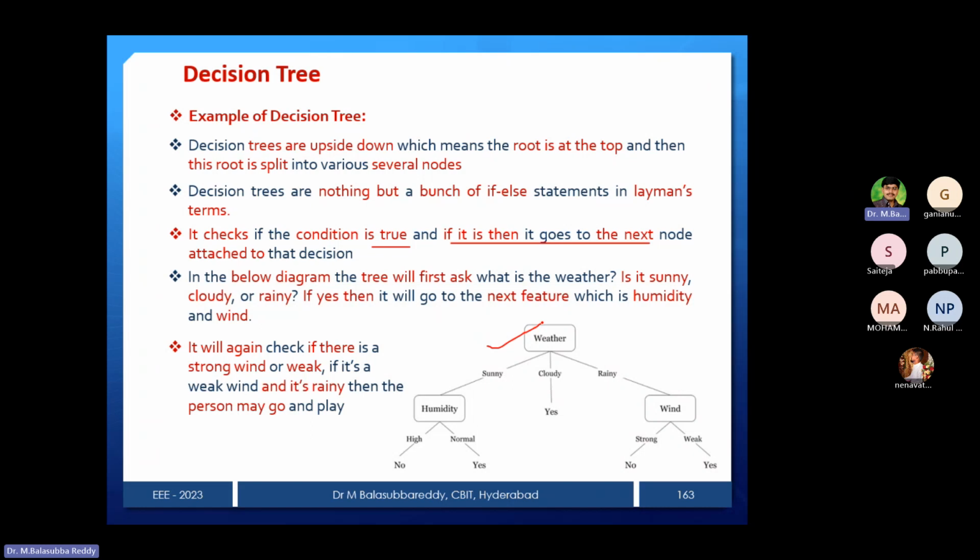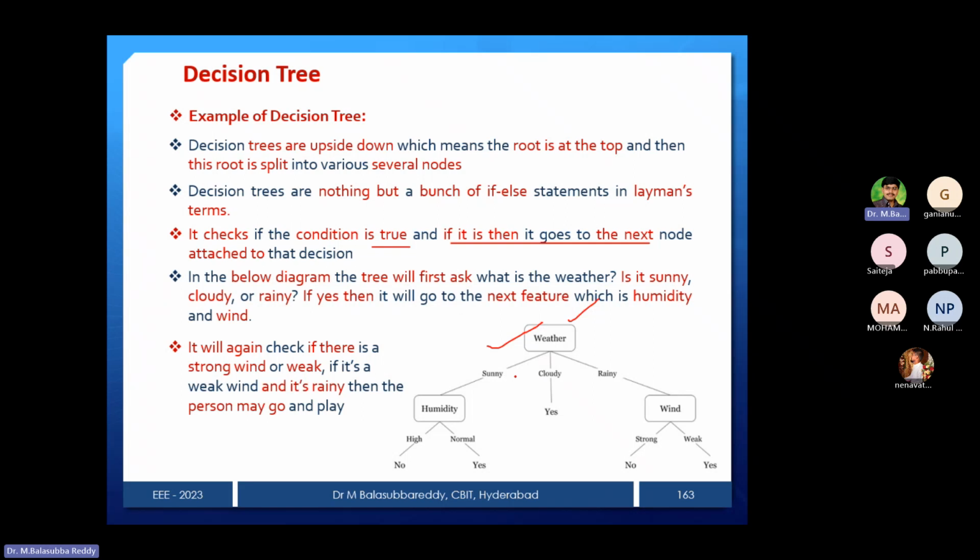Now we can see our example in the diagram below. What we have is a tree. We first ask what the weather is, that is a condition. In the weather condition, what are the attributes?